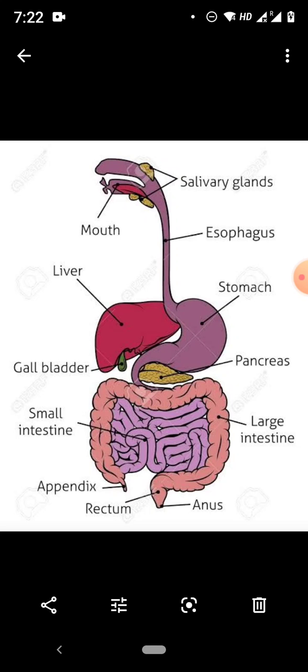After that, from the stomach, the food reaches the small intestine. So what happens in the small intestine? The food, when it reaches the small intestine, is semi-solid.